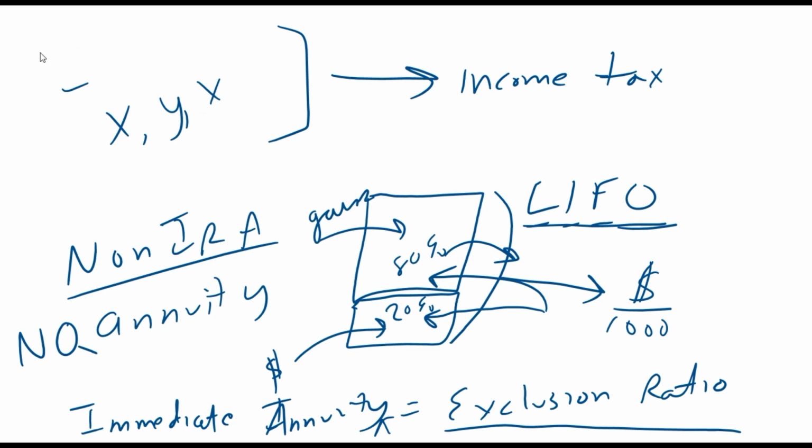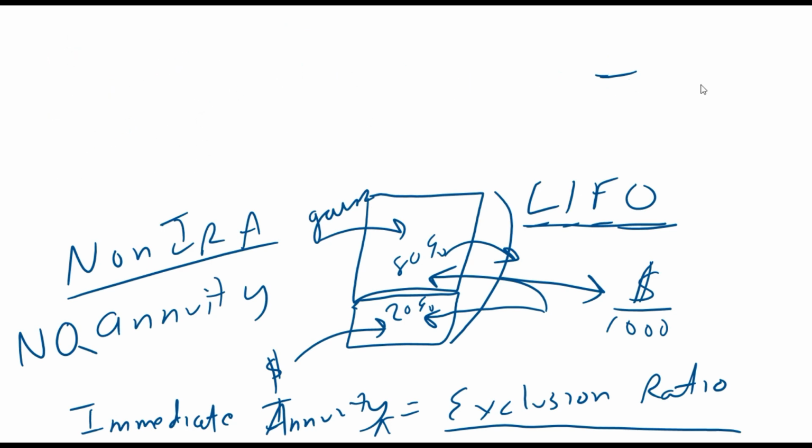I'm going to get rid of this up here because while you're alive, there is an option to put it in a particular type of annuity. So we would transfer this annuity over to this special kind of annuity, and we could get the exclusion ratio.